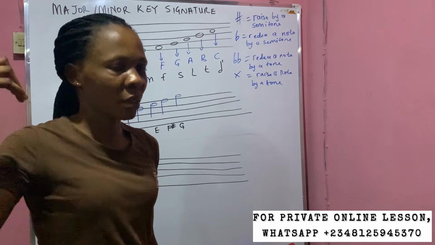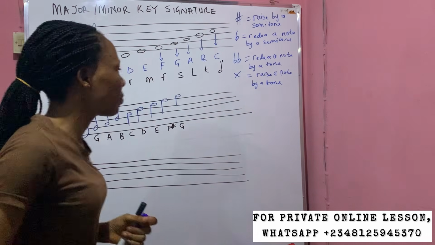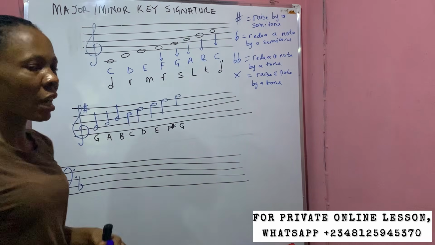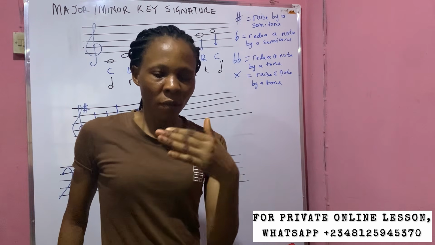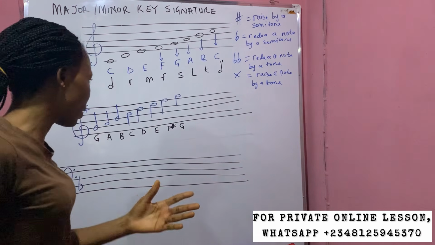Can you hear now that it's not balanced? So that's the function of the key signature. It helps you know throughout the music which note is going to be raised or flattened.